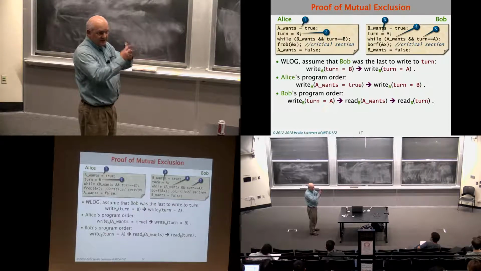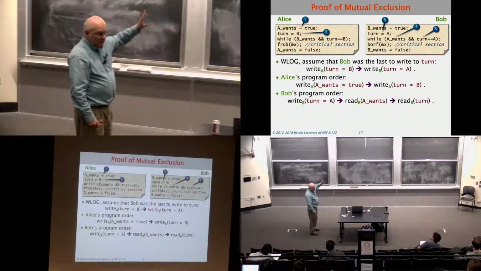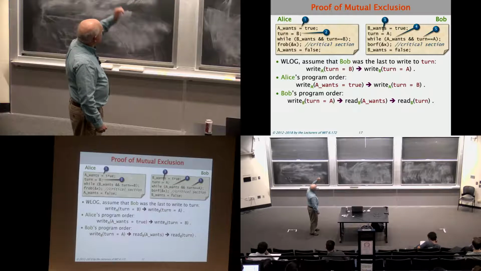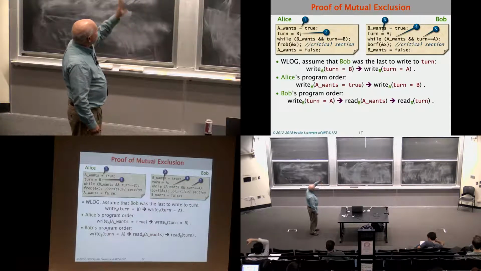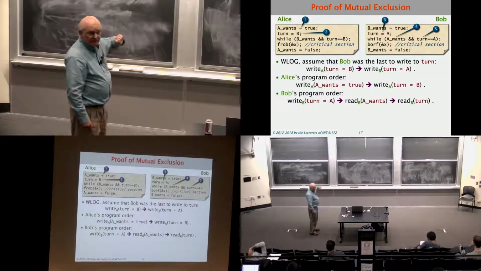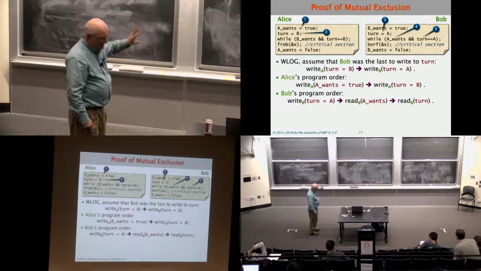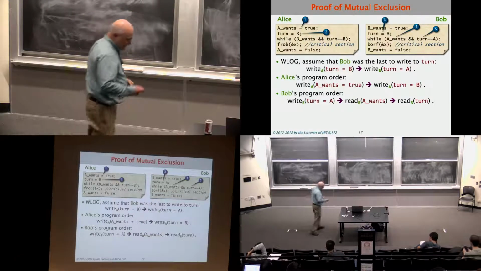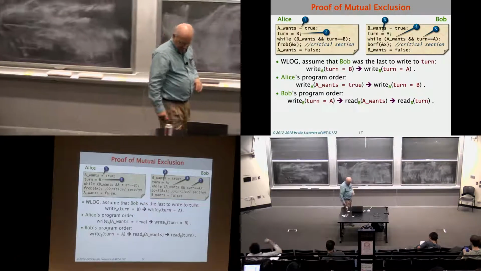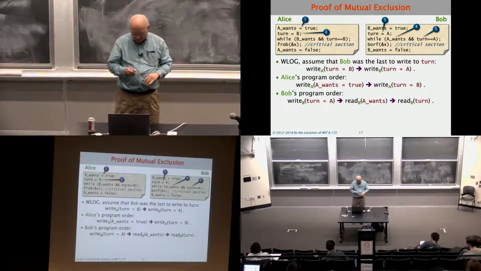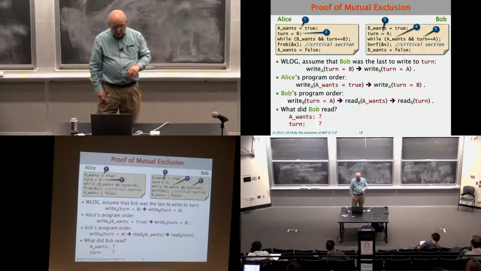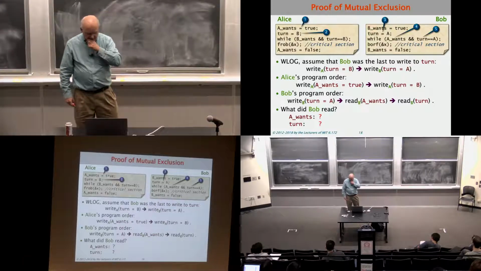So this is all based on just the interleaving, the program order, and the fact that Bob was the last to write. That's all we're using. And so why is that a contradiction? Well, we know what the linear order is.